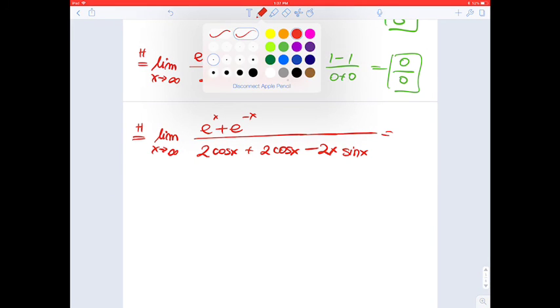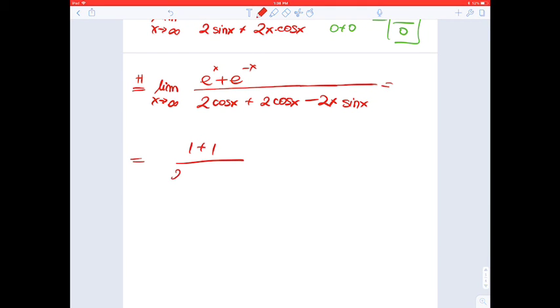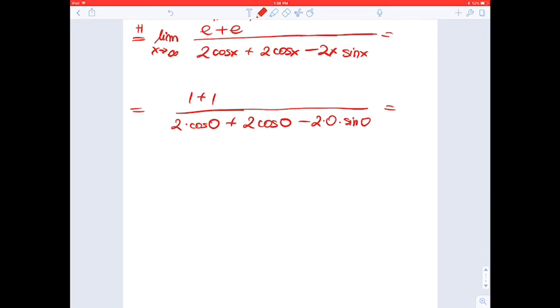Okay, and let's check what we have. Actually, I can use it. E to the 0 is 1, e to the 0 is 1. Excellent, I don't have 0 on the top. 2 times cosine at 0, plus 2 times another cosine at 0, minus 2 times 0, sine at 0 is 0.